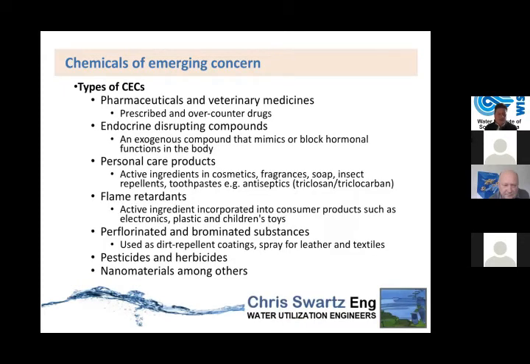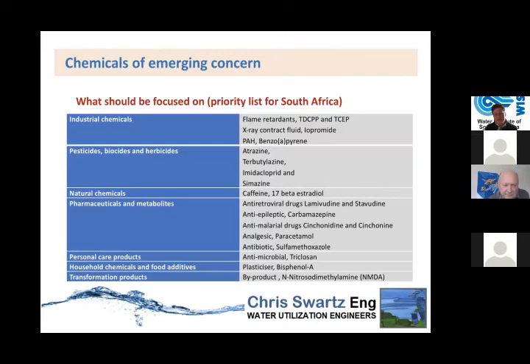So the groupings, I mentioned pharmaceuticals and vet medicines, personal care products, flame retardants, perfluorinated and brominated substances, pesticides, herbicides, and so on. So these are being very much researched in a project that we did for the Water Research Commission recently.